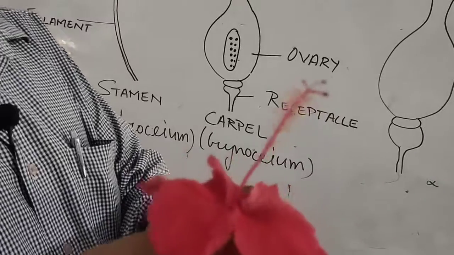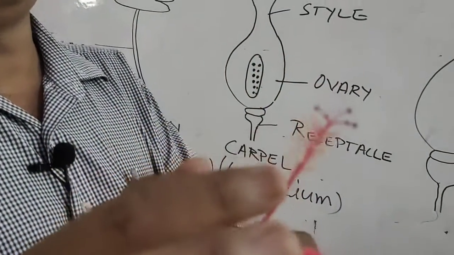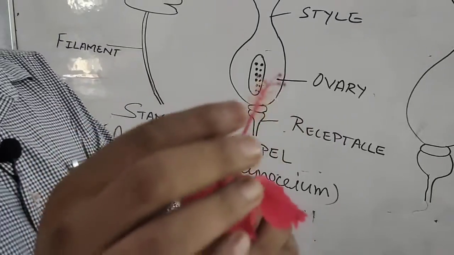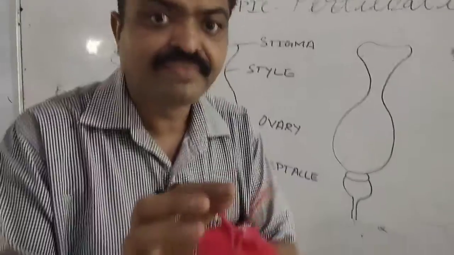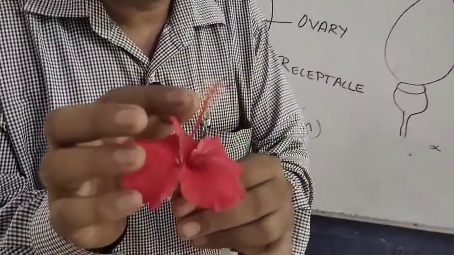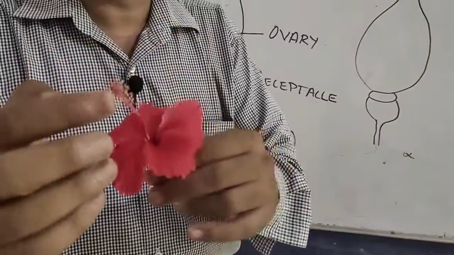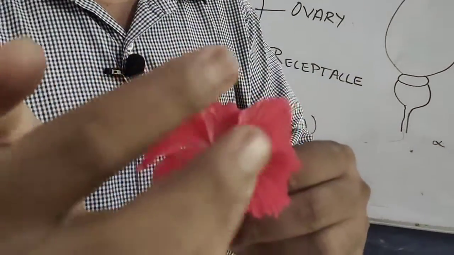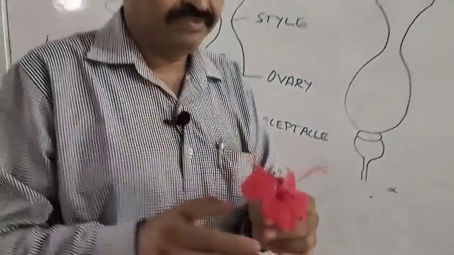Around the stamens you can observe these yellow structures, and these are known as anthers. The anthers have pollen grains in them. These pollen grains move towards the stigma of the flower.